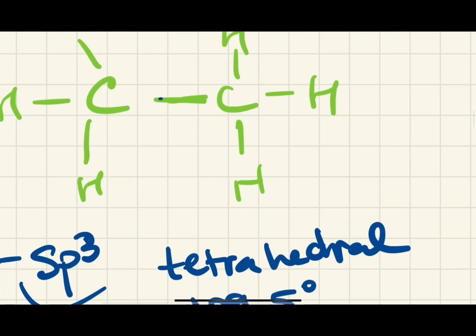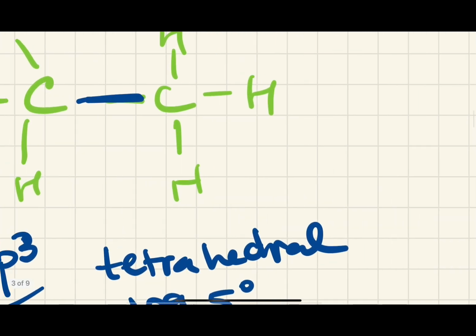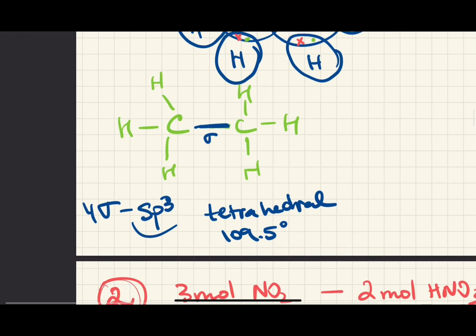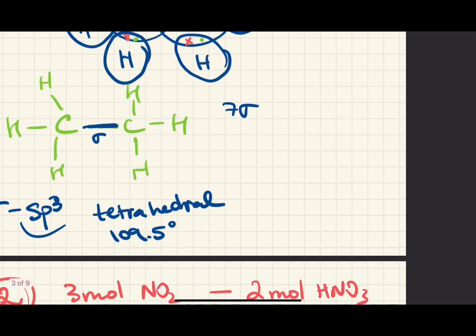Now the bond between them, this is a sigma, right? We only have sigmas in here. We have a total of 3 plus 4, 7 sigmas. We don't have any pi, and so we know that the sigma between carbon and carbon will be made between sp3 and sp3.